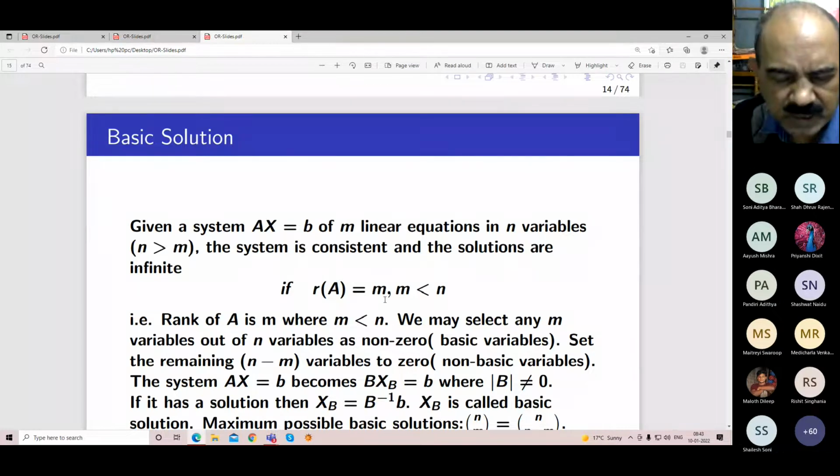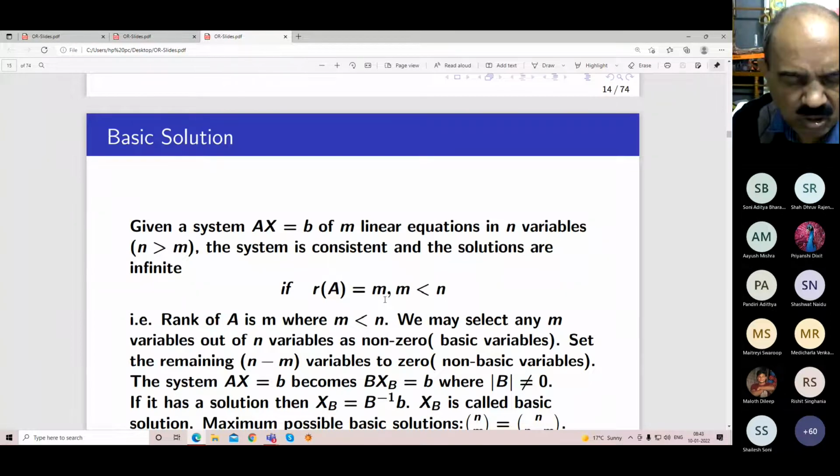Let me say I am talking about the first m variables, x1, x2, up to xm. Let us say these are my basic variables, and I expect their values to be non-zero. Then how many variables are left out? That is n minus m variables. Let me say they are all zero. Two categories: some are non-zero, some are zero.